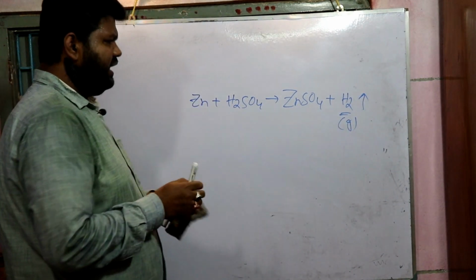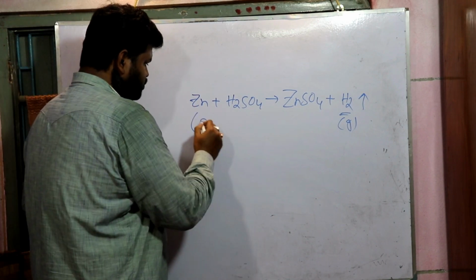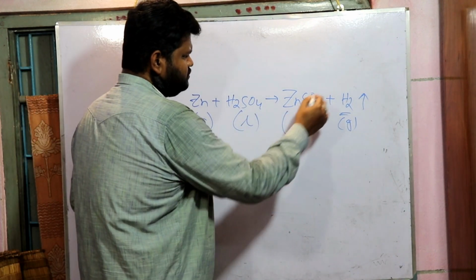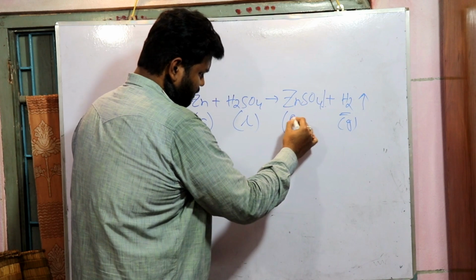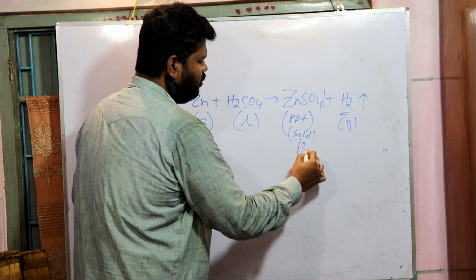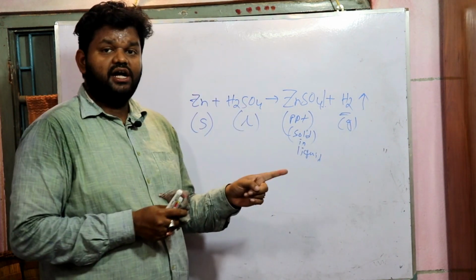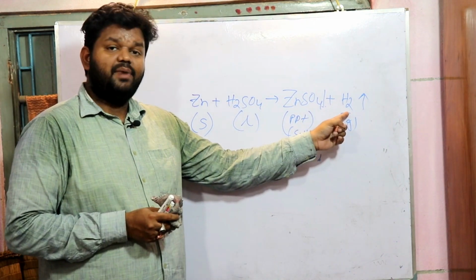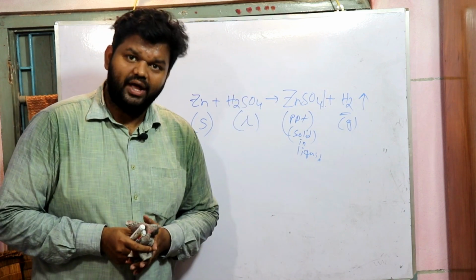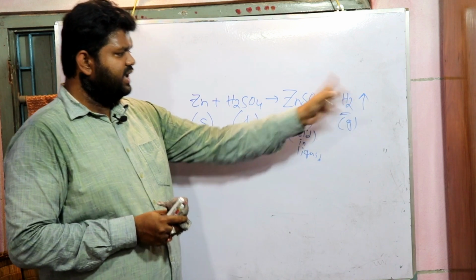Sometimes in a chemical reaction, suppose one solid is reacting with one liquid, and here it produces ZnSO4, a precipitate, that means a solid in liquid, and hydrogen is gas. So in some reactions you may get some gaseous particles which evolve as gas. So some gas may be produced in some cases.